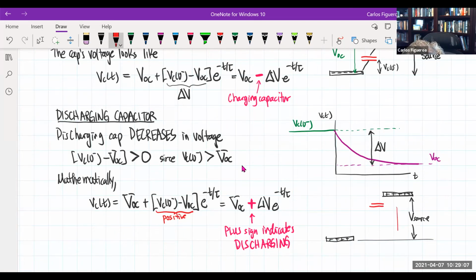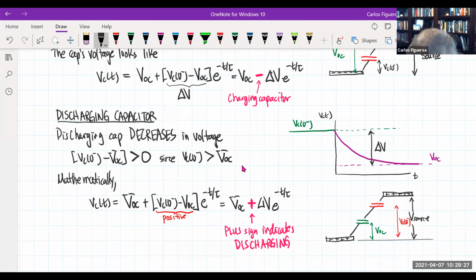And this height, of course, is my VC of 0 minus. And then the capacitor falls down my incline to this height right here, which is VOC. So it's discharging.